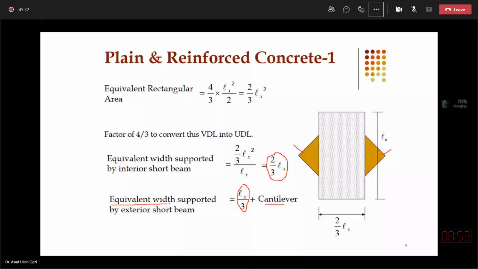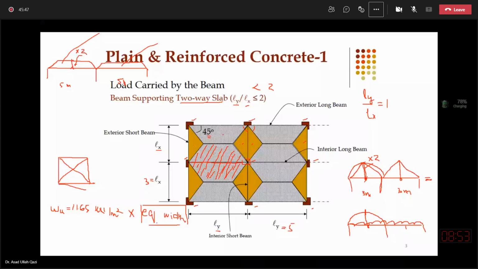The result is, for example, let me apply this 2 by 3 LX to this beam. Let me first hatch this. So I'm now talking about this beam.